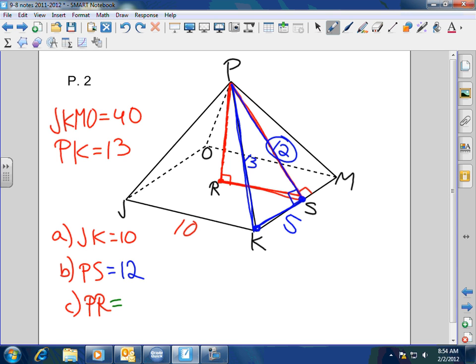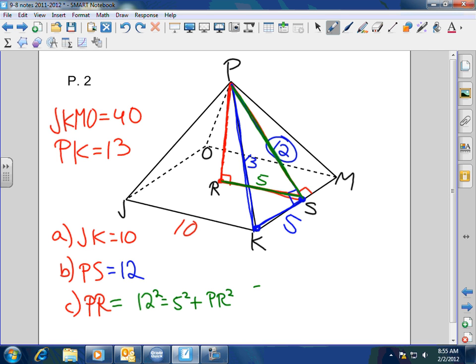And last but not least, PR. Well, now I know that PS is 12. I know that RS is 5. Now, it is tempting to say, oh, it's 13, but no, it's not 13, because the hypotenuse here is 12. So we're actually going to have to calculate 12 squared equals 5 squared plus PR squared in this case.